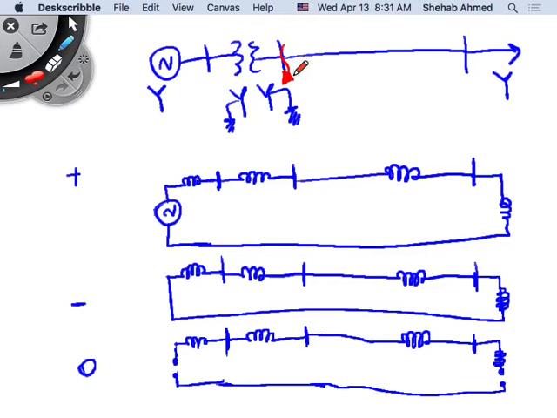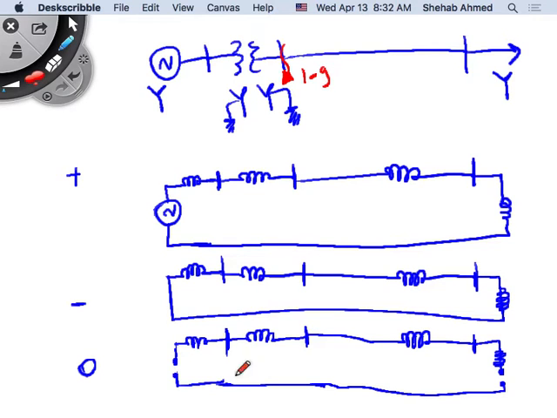So fault here, and this is a single line to ground fault. One of the phases fell to the ground. One of the phases is consuming a lot more current than the others, right? So this is a case of unbalance, right?